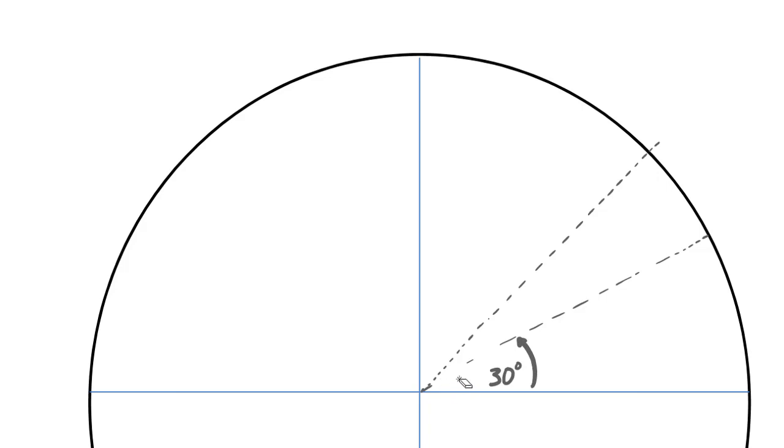Then 45 will be the next one. And then after that, we'll have 60. These are kind of hard to draw all over each other, but if we call this one 60 degrees here, it's the largest of the three in the first quadrant. We have these terminal points along the edge of our unit circle, and we can label them.